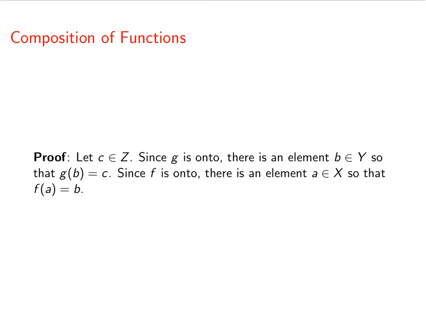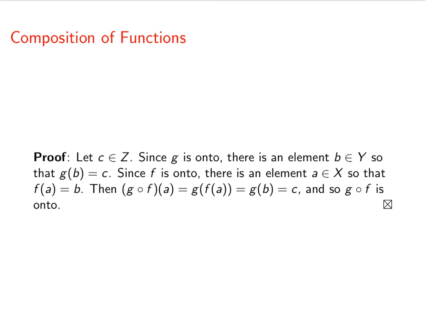Now since f is onto, we can find an a in x so that f of a is equal to b. So now what's g circle f of a? Well, that's g of f of a, and that's g of b, and that's equal to c. And so that proves that g circle f is onto, because we have produced an element a in x so that g circle f of a is equal to c. Okay, that's all for now.